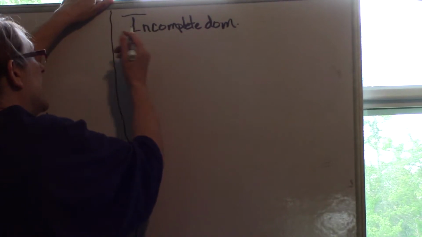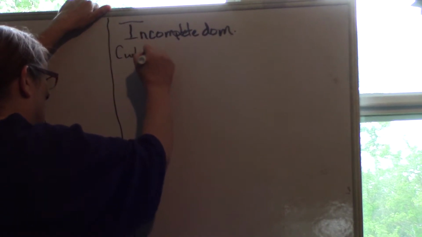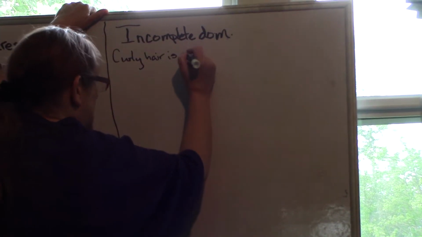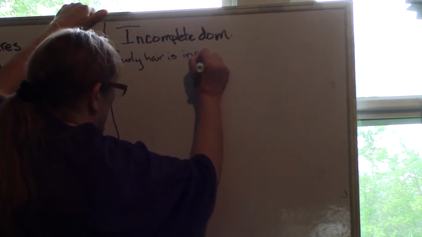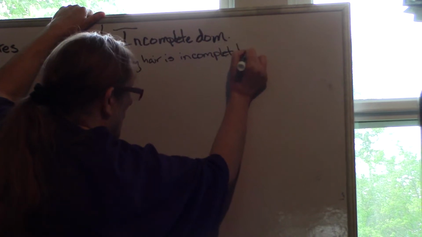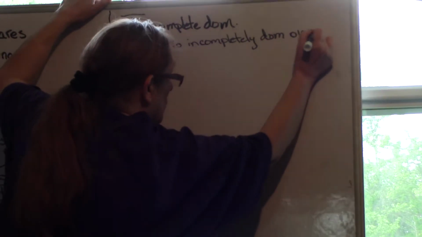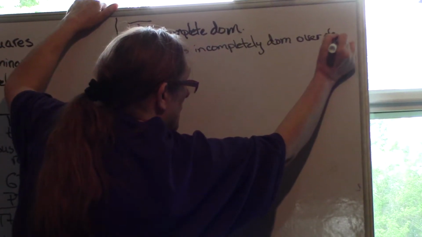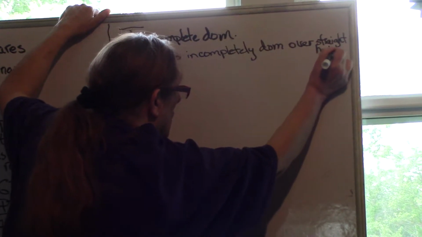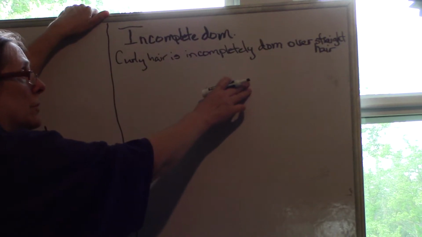Now let's say that curly hair is incompletely, so in a question I would tell you, dominant over straight hair. Okay? So we've got the gene for hair texture, right?